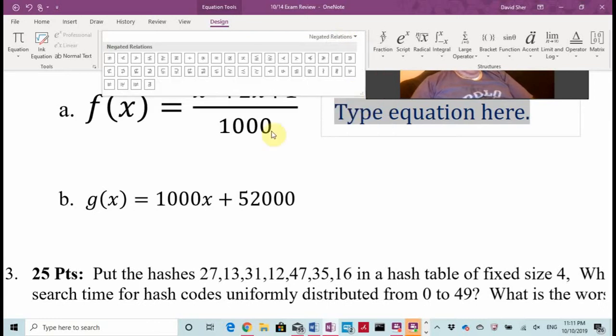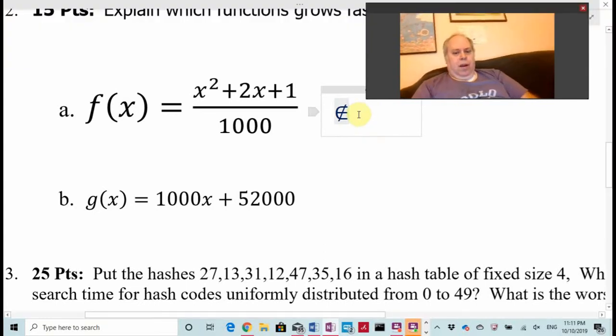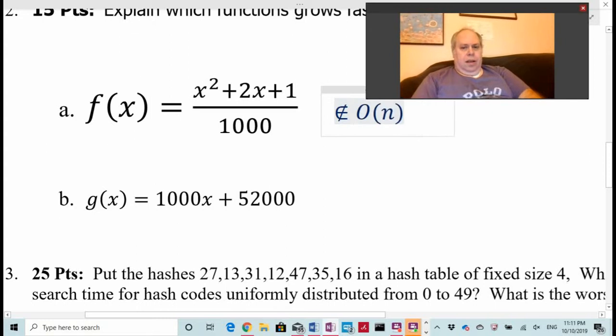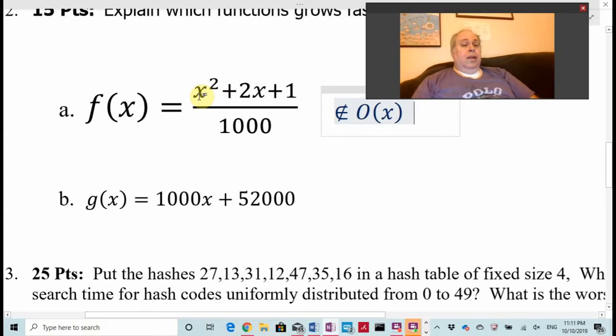Negative relations. Okay, so it's not a member. This guy is not a member of O of n, or O of x in this case, because this has an x squared in it. So eventually, x squared will always catch up to x.